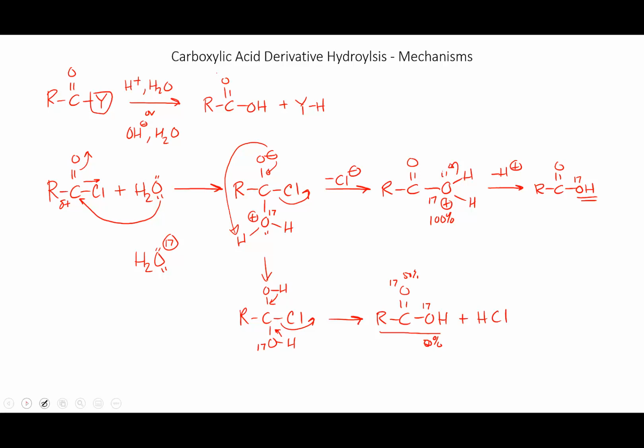Now let's go to the acid anhydride. With the acid anhydride, the acid catalyzed hydrolysis would be to take the H plus and protonate one of the two carbonyls. We usually use acid anhydrides where the two R groups are exactly the same, so it doesn't matter which carbonyl we protonate.